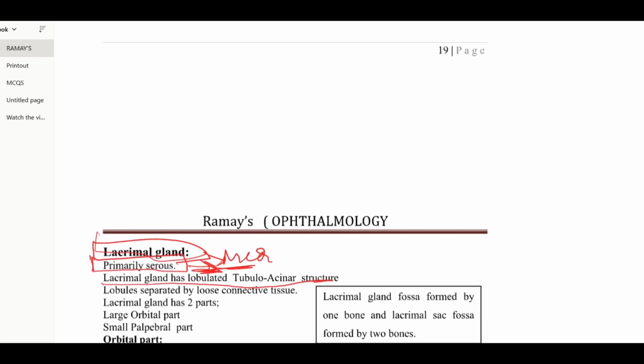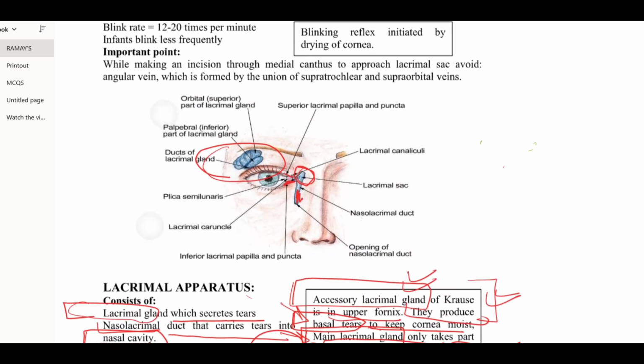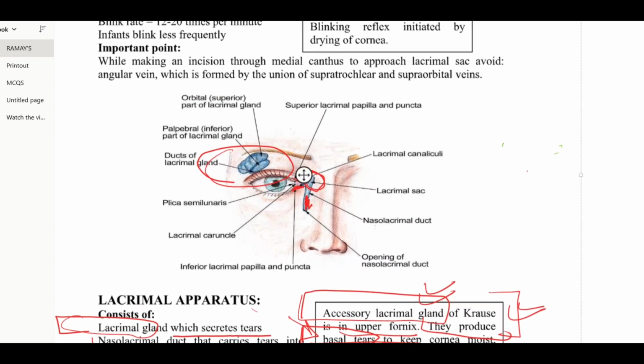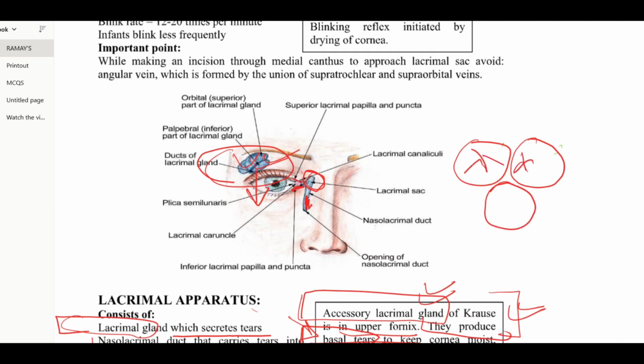Again, come to the diagram. Look here, this is the main gland. It consists of two lobes, one the upper lobe and the second the lower lobe. If we take only one lobe, each lobe consists of different lobules, like these lobules. In these lobules, there are different acini present, like these.